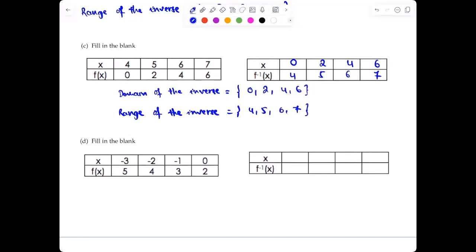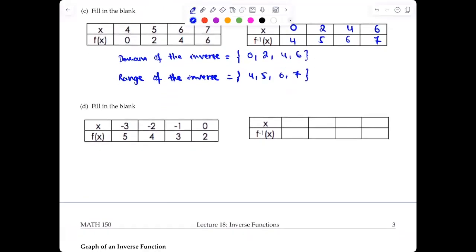Now for D, it's going to be the same. X becomes y, y becomes x. For the inverse, you have 5, 4, 3, 2 and negative 3, negative 2, negative 1, 0. So the domain of the inverse is 2, 3, 4, 5. Again, you have to write the set starting from the lowest number to the highest number. So that's why you start at 2 and end the set at 5.